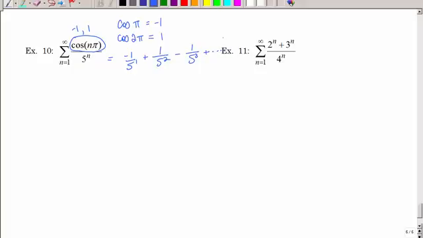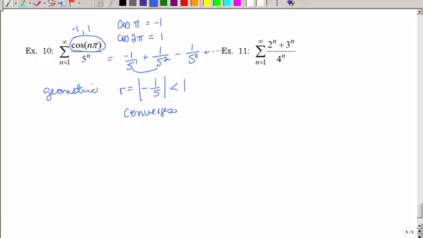So what kind of series is this? It's geometric. So I'm going to write that down. And if it's geometric, I should be able to determine what r equals. What am I multiplying by? Negative 1/5. And since the absolute value of negative 1/5 is less than 1, I know it converges.